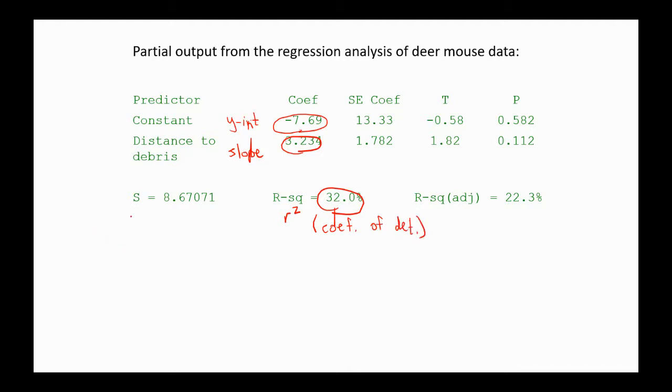And then curveball. What's this value? This is our standard deviation. And this is the formula that I want you to write on the top of page 18. This is the typical amount by which an observation deviates from the least squares line.